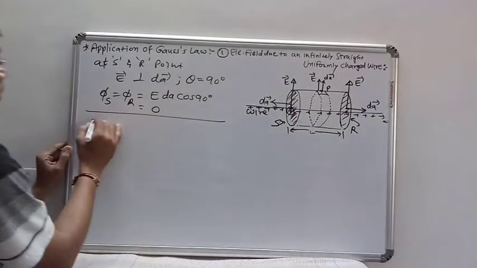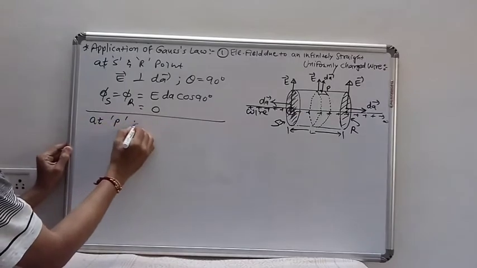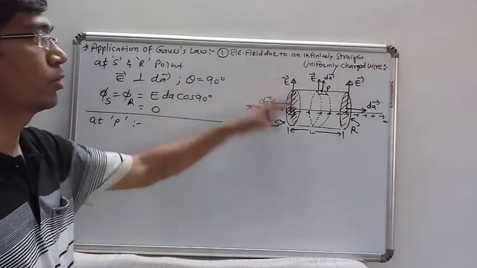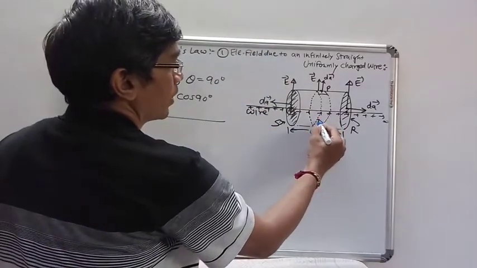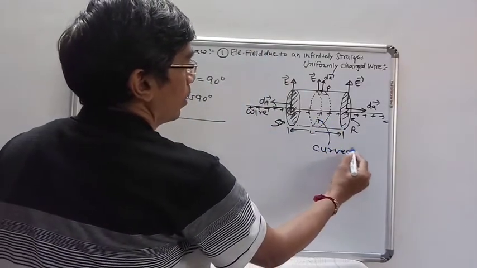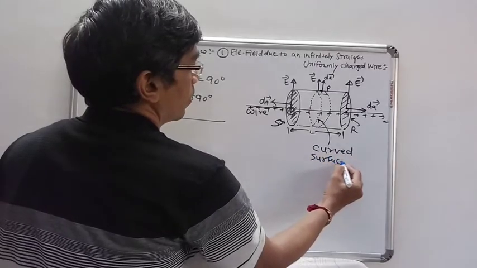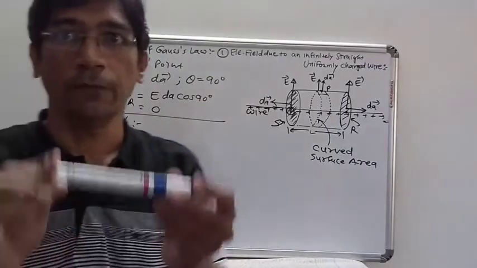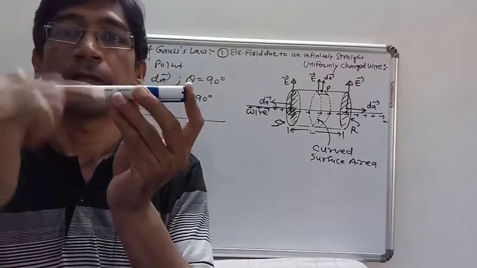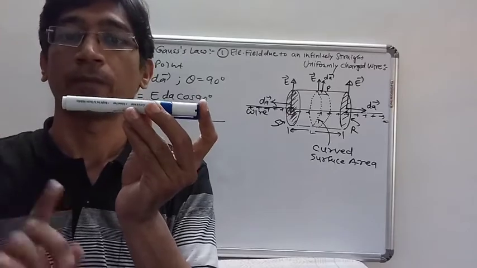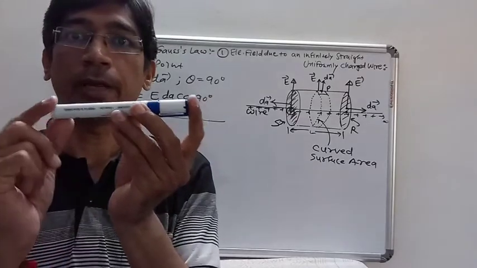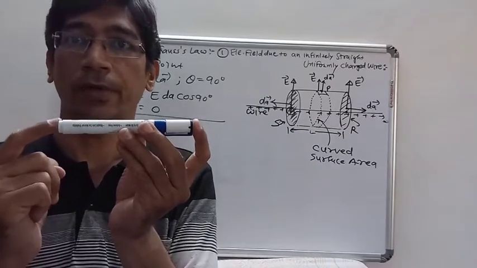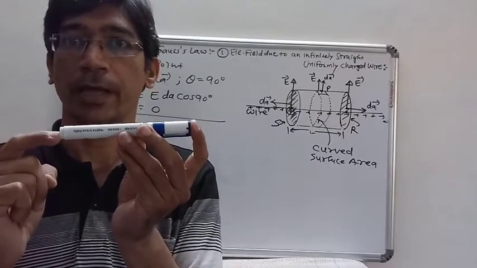Now at the point P, what is the flux coming out from the curved surface area? If this is the wire, then this is the curved surface area. At the circular area, the flux becomes 0 because the electric field is perpendicular to the surface area.